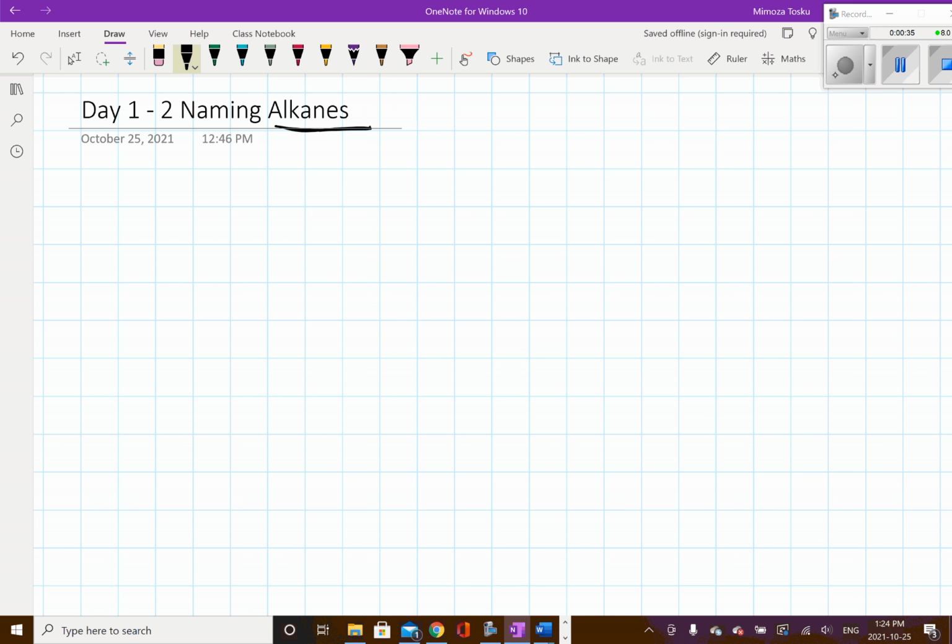So this one here means that carbons are single bonded. And then we'll see the other ones, when at least one of them is double bonded or triple bonded, which belongs to alkene and alkyne. So we'll start with the single bonded.